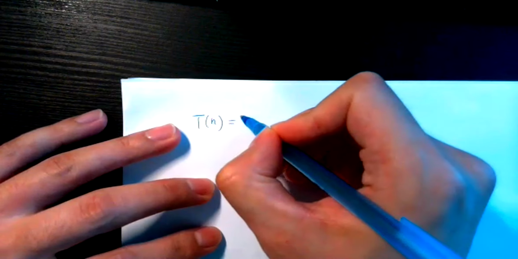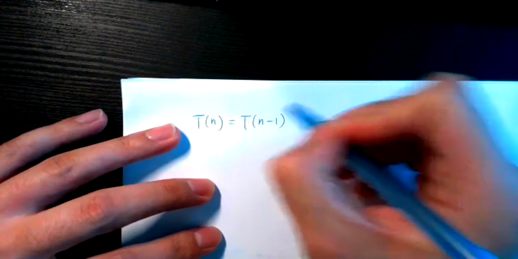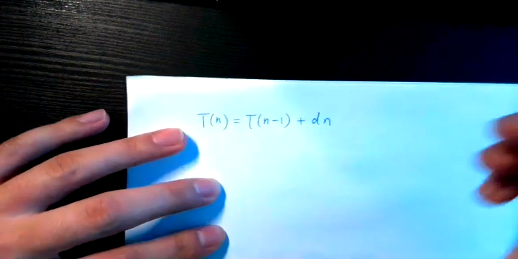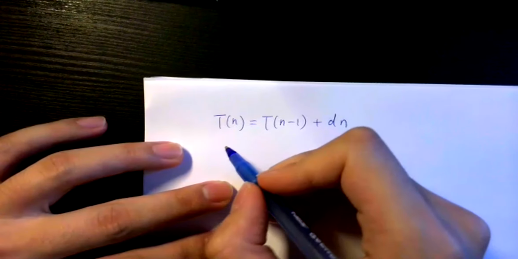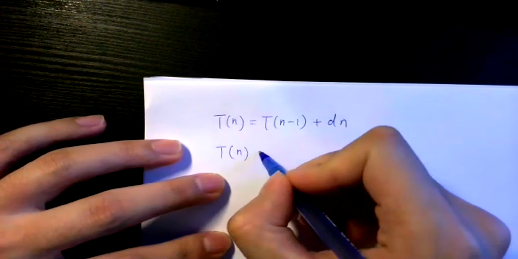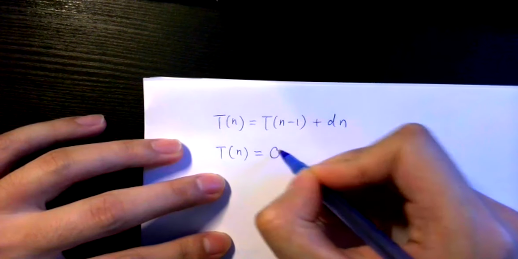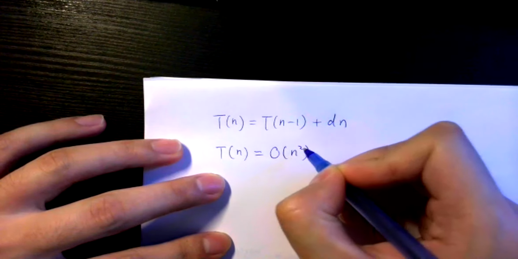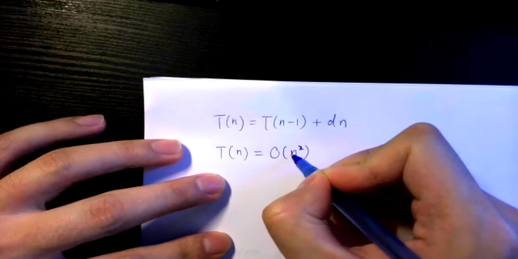So for example, let's use the upper bound as an example, and we just use the example in the previous video. Say the recurrence is like this, and the asymptotic property we want to prove is that T(n) has a quadratic upper bound.